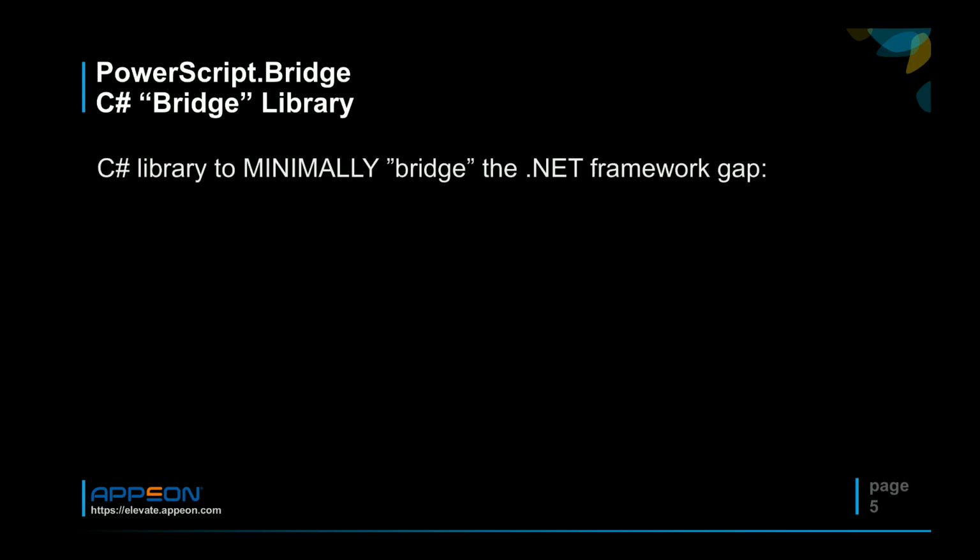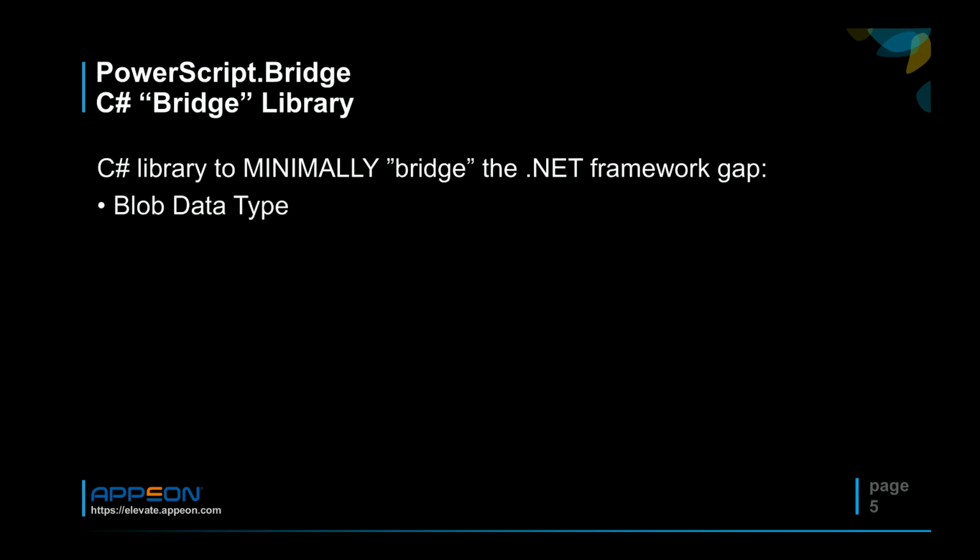Now, let's talk about that bridge library. As I said, it's not 100% required, but practically speaking, there might be some small place you might be using something that requires this library to bridge that gap. So we really try to minimize the dependency on this library and only use it when absolutely necessary.